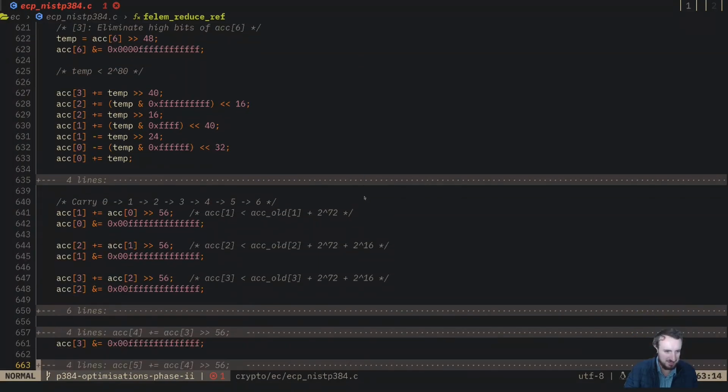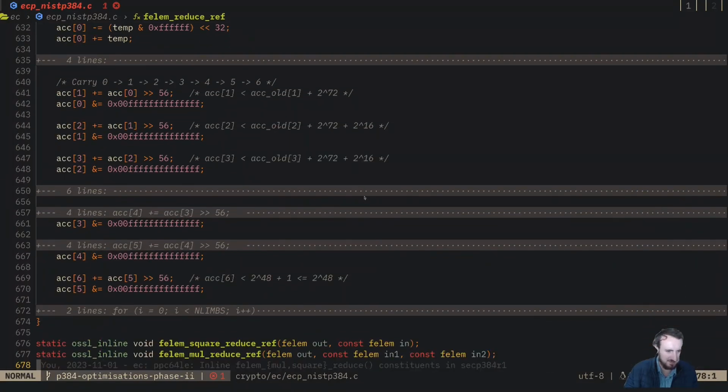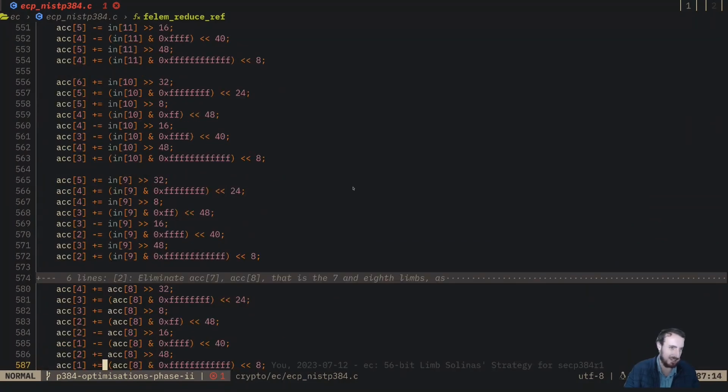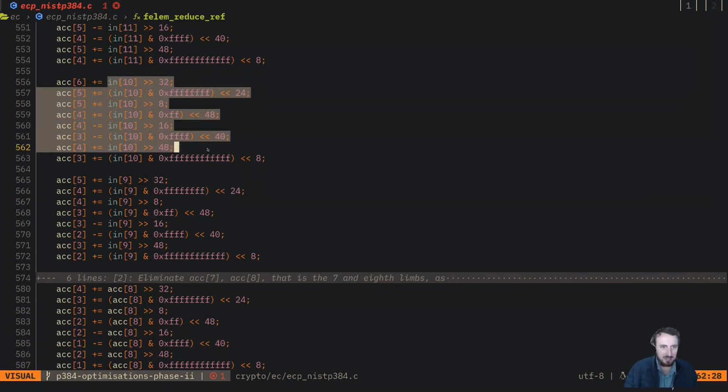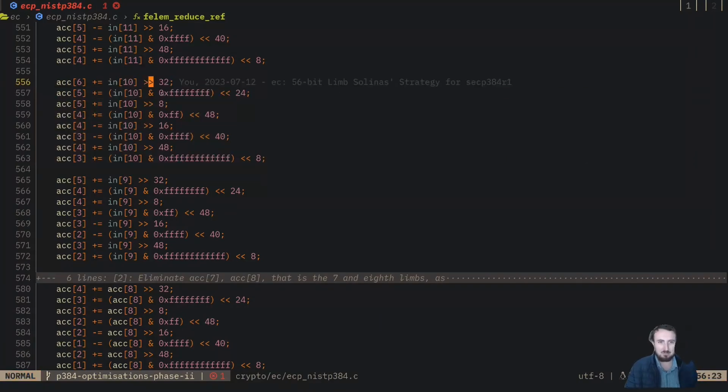But ostensibly, it's this multiple 100-line behemoth, which takes a high input lim. We ultimately want to reduce into just 7 limbs, and so it takes a high input lim, like int10, and then it bit shifts it and it bit masks it and it does some horrible stuff.